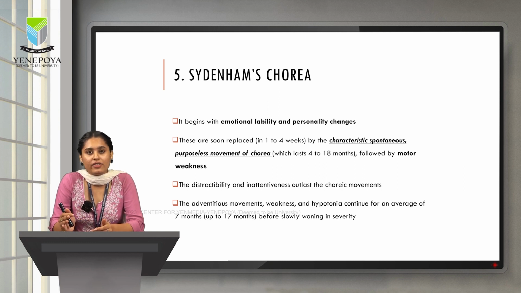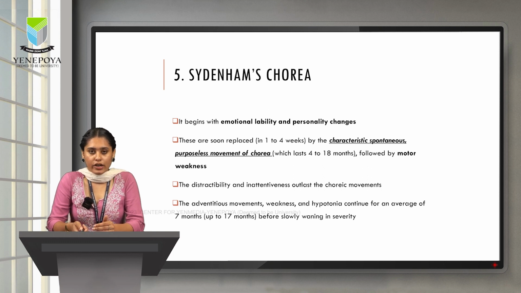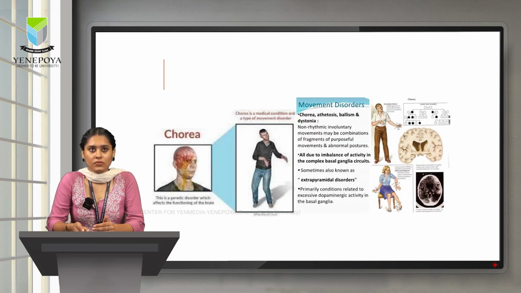So once the rheumatic fever has come for the patient, these movements and this emotional lability will continue up to 7 months or even up to 17 months, even when the severity has started to reduce. So these are the movement disorders which you can see in patients with Sydenham chorea.